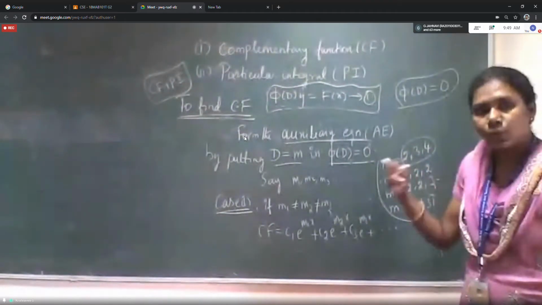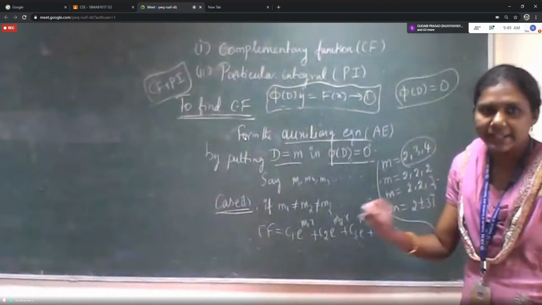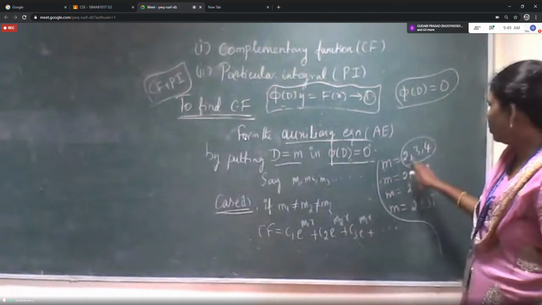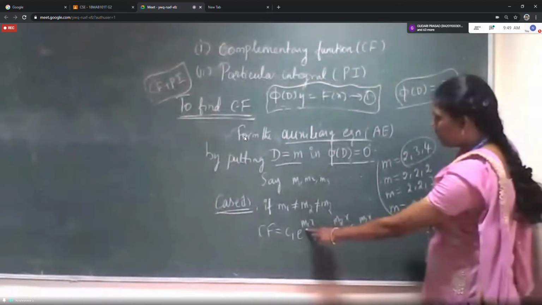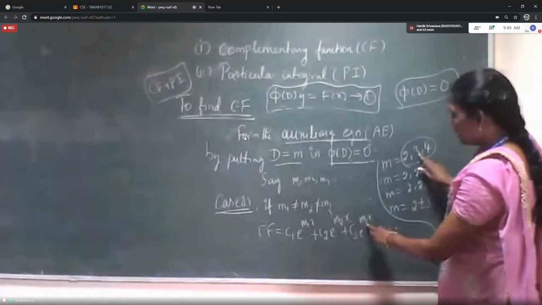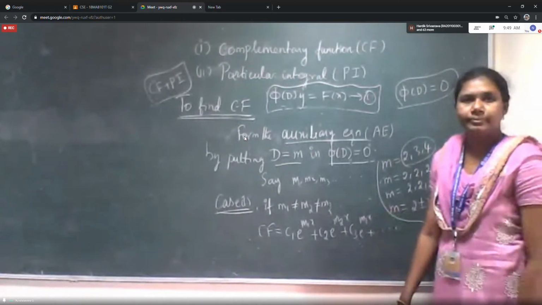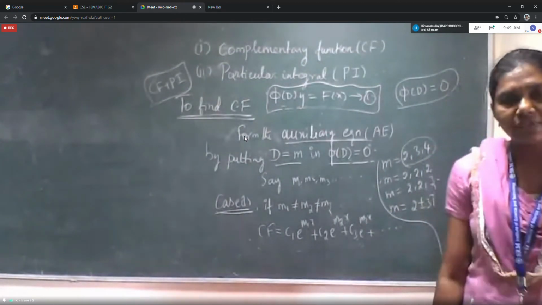If all the roots are unequal and real numbers only, 2, 3, 4, that is here m1 is 2, m2 is 3, m3 is 4. Guys, first case understood?